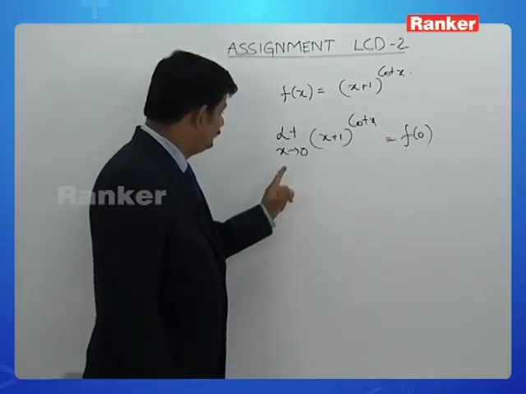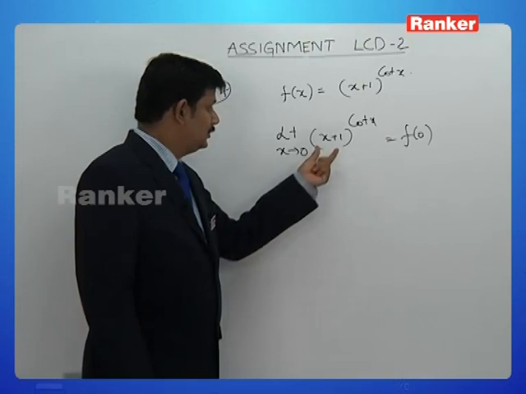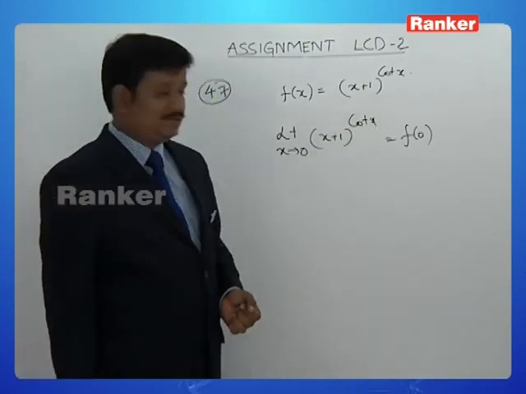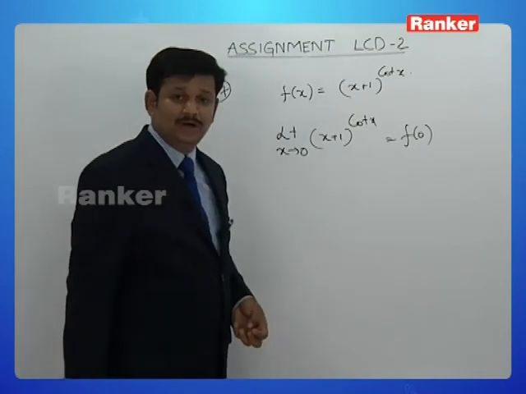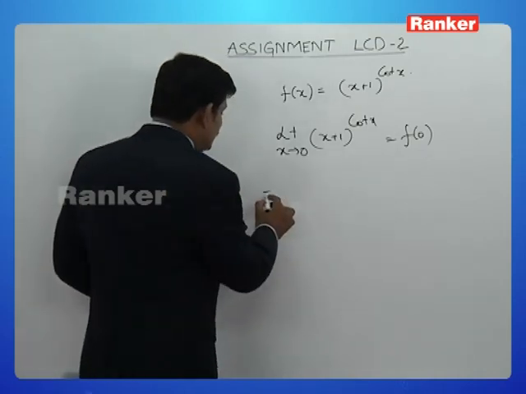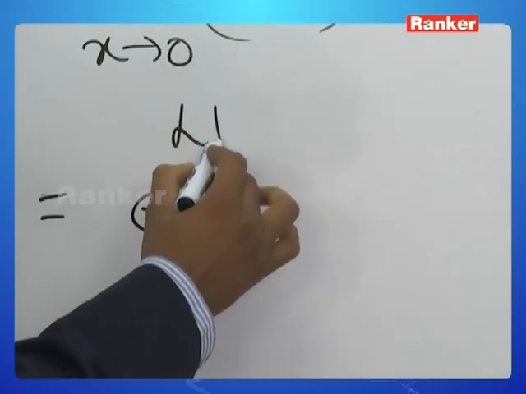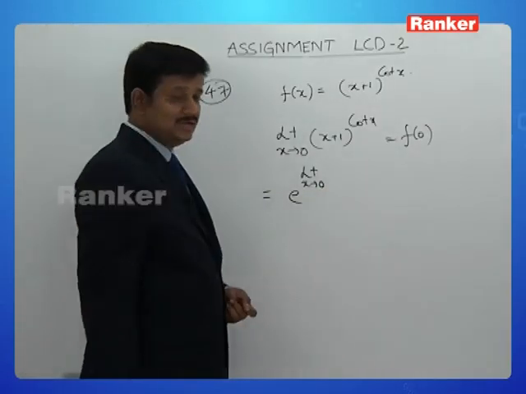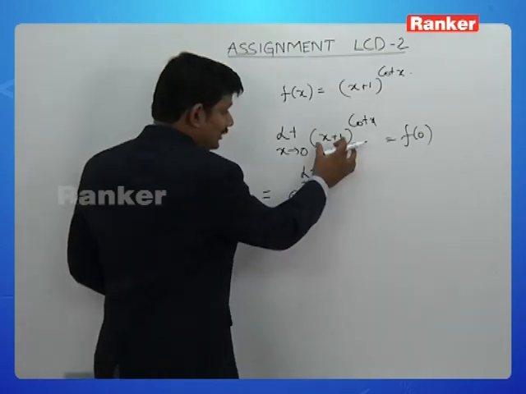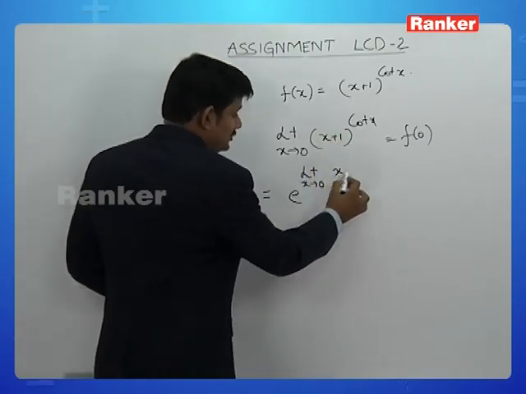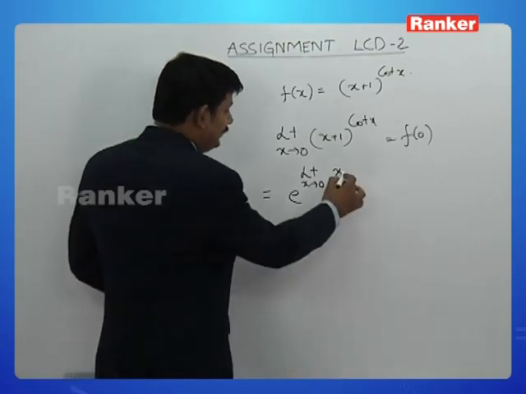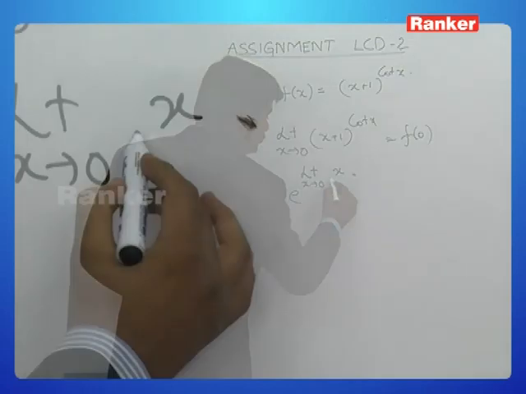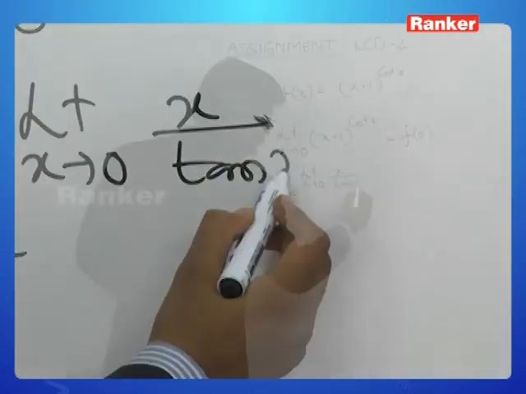Observe this limit. As x tends to 0, x plus 1 is 1, cot x is infinitely large. This is a 1 power infinity form, and a 1 power infinity form we can write as e power limit x tending to a, that is 0 in this case, of f of x minus 1, which is x plus 1 minus 1, that is x, into g of x, which is cot x, or I can also write this as divided by tan x.